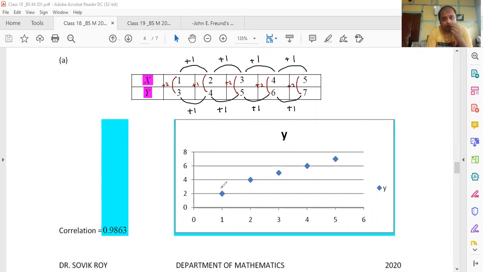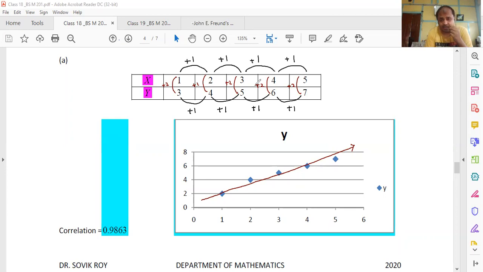Now, if I plot this as a scatter diagram, you observe what is happening. If I try to draw a hypothetical straight line like this, some of the points are lying on the straight line, some are above the straight line, and some are falling below it.